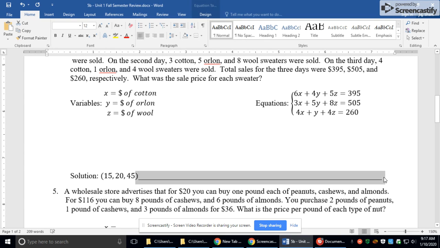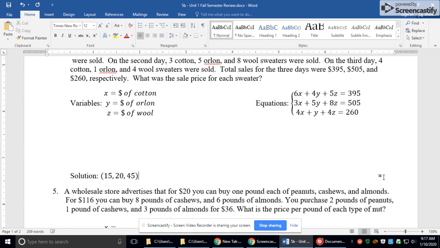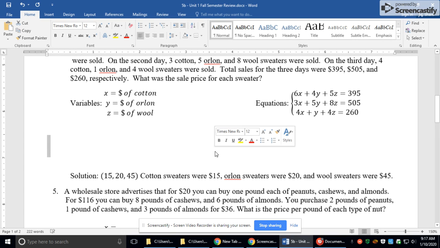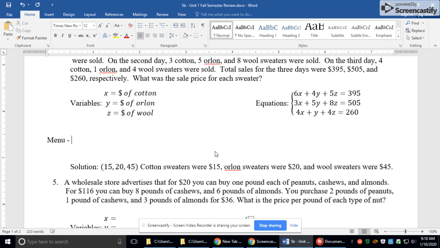So we'll write a statement here that cotton sweaters were 15, and then Orlon sweaters were the next number, 20, and wool sweaters were 45. And that's it. So the key thing to remember is menu 3, 2.